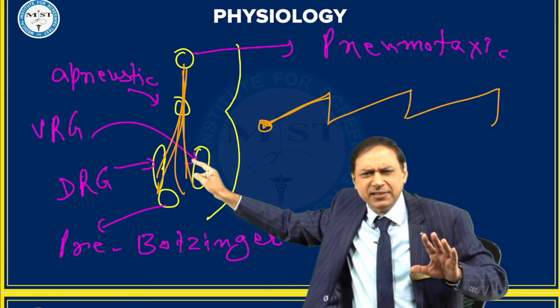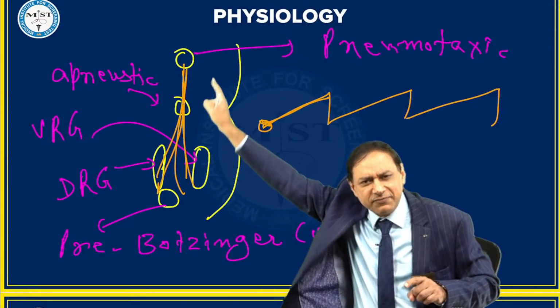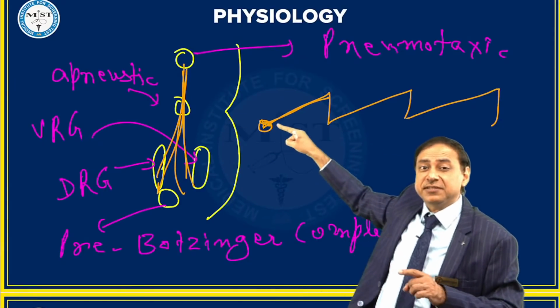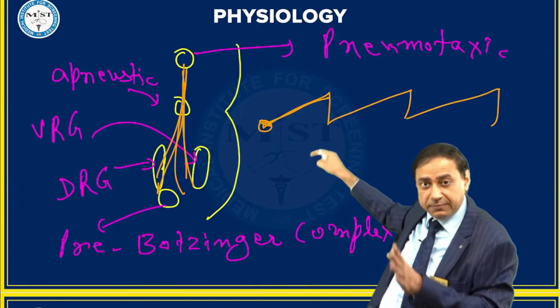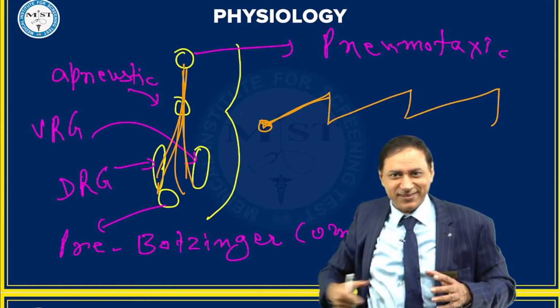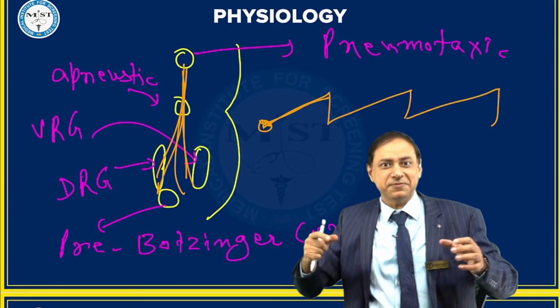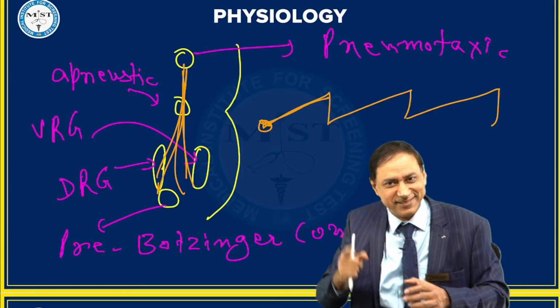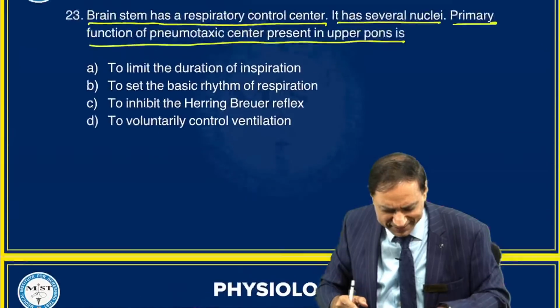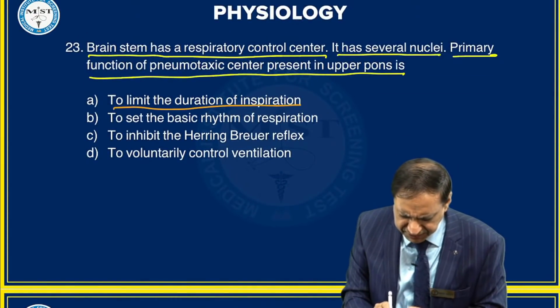Apneustic, DRG, VRG, you can ignore that. But the pneumotaxic center will apply brake to inspiration. Inspiration, brake. Again inspiration, again brake. So expire. Again inspire, again brake. Expiration. This is pneumotaxic. So it will limit the duration of inspiration.